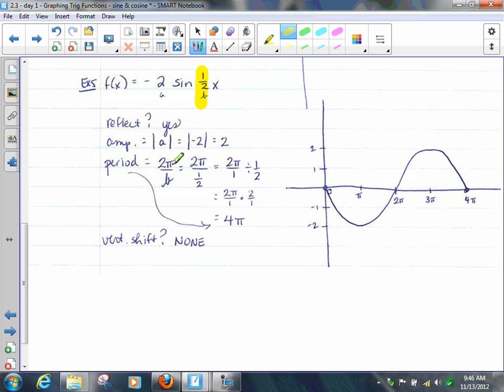So when you figure the period, it's going to be 2 pi divided by 1/2. Okay? So I had to go old school, and I figured out 2 pi divided by 1/2 is actually 2 pi times its reciprocal 2, which meant that the period was 4 pi. And look how we labeled. We went 0 to 4 pi. Well, what's half of 4? 2. What's half of 2? 1.